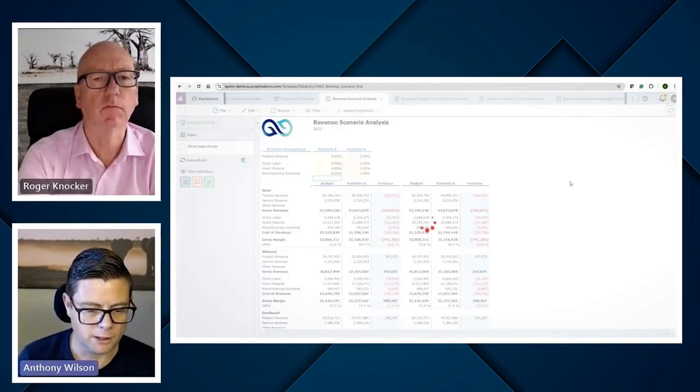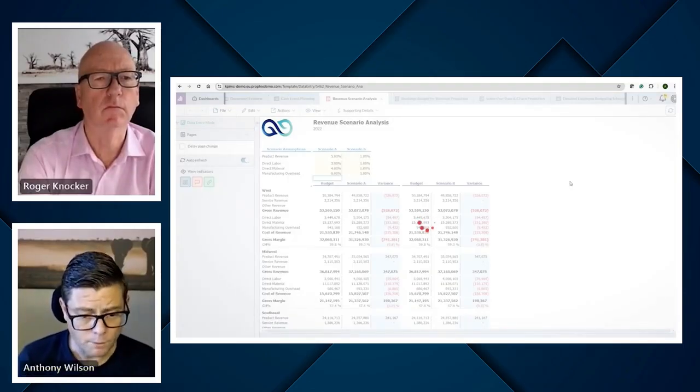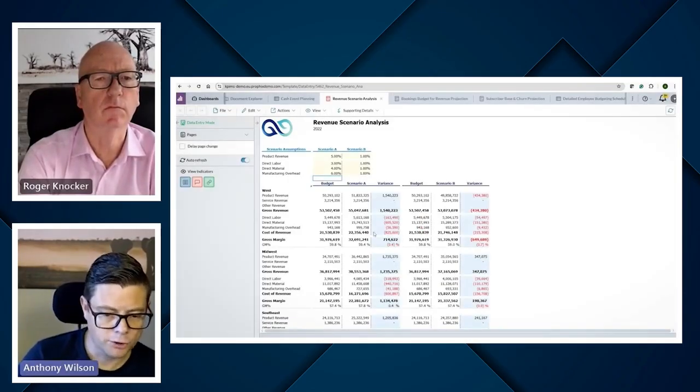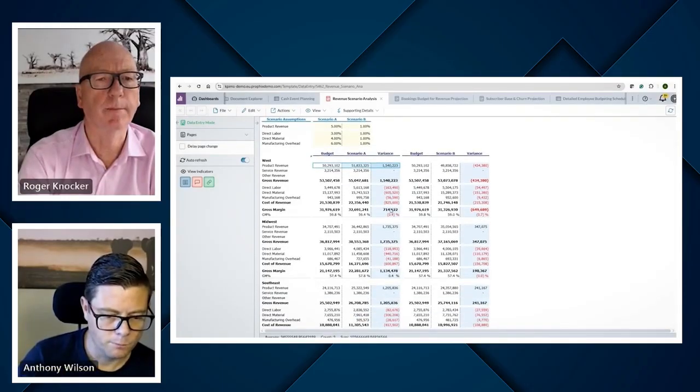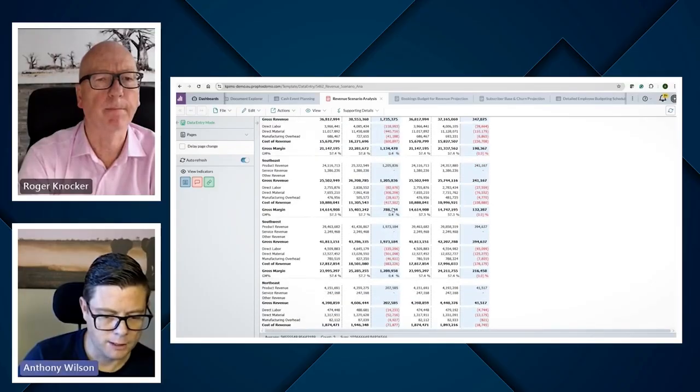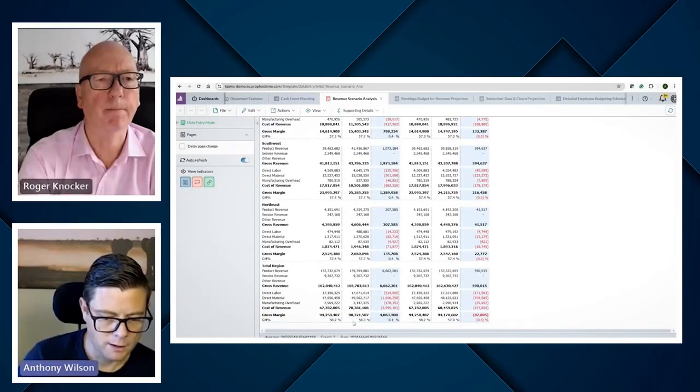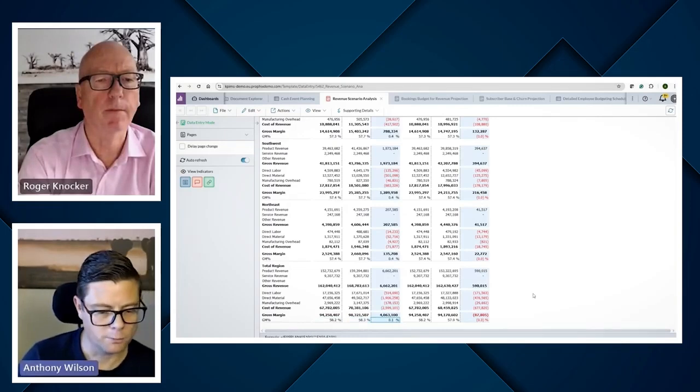By refreshing, I just recalculate the model, and it will now show me what is going to change. So you can see my product revenue's gone up, my costs have gone up, and I can go right down to the bottom to understand, with those moves, I've moved my gross margin percentage by 0.1%.